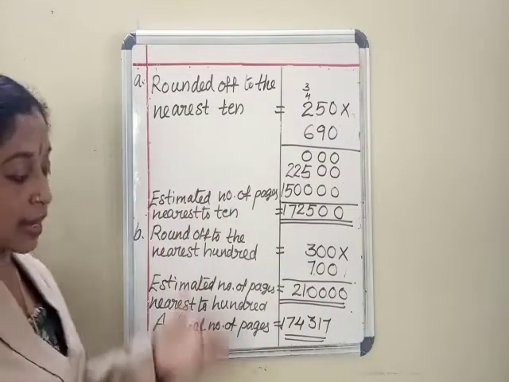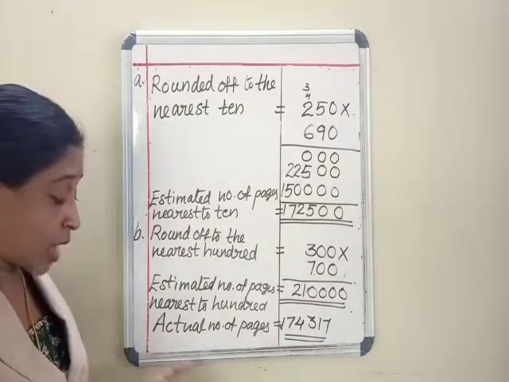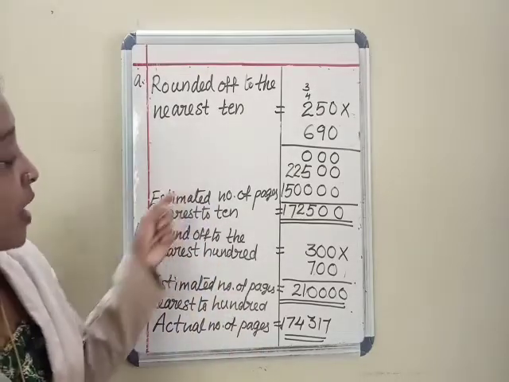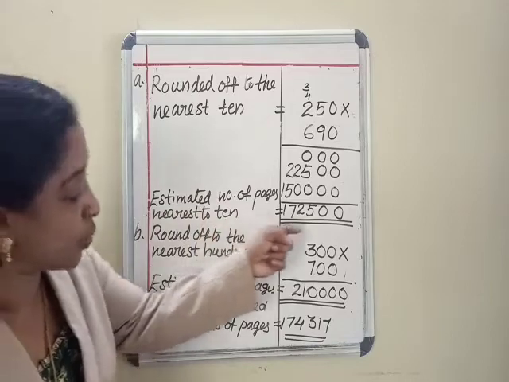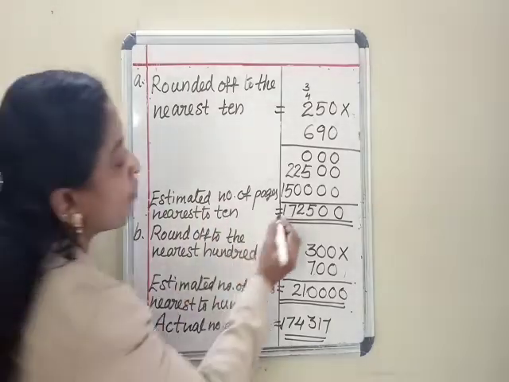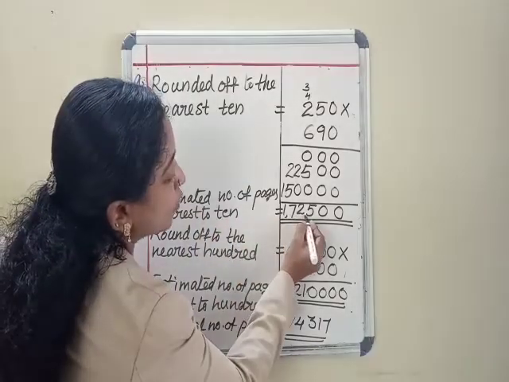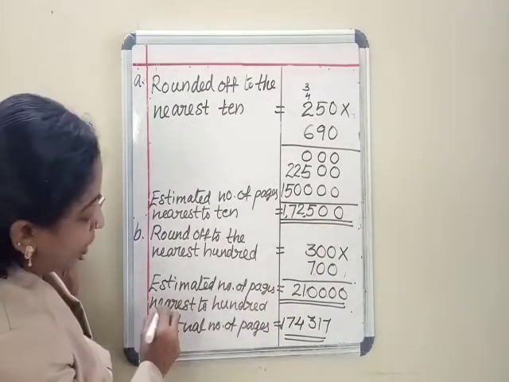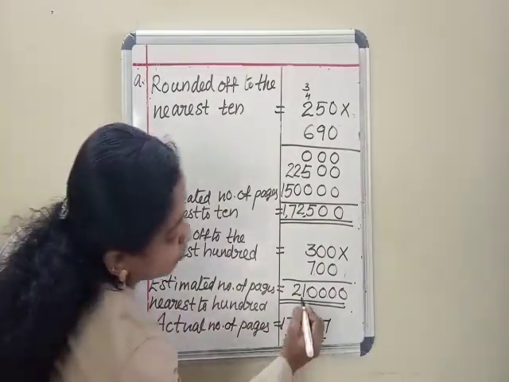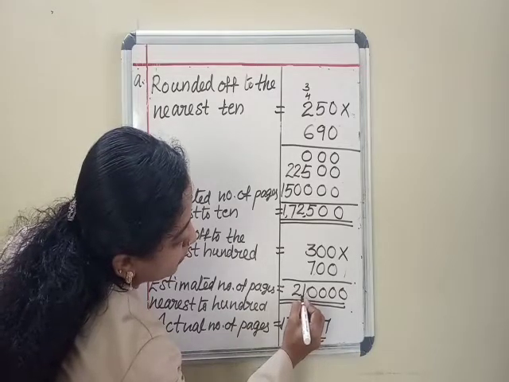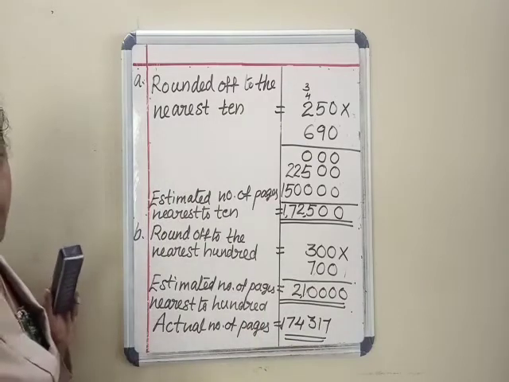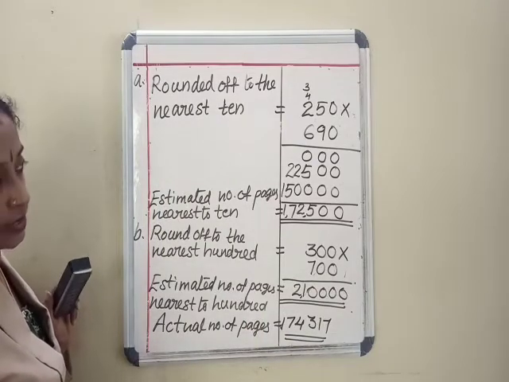1,74,317. These are the answers. First we found the actual number of pages. Then we rounded off to get the estimated number of pages nearest to 10. That is 1,72,500. Then we found the estimated number of pages nearest to 100. That is 2,10,000.